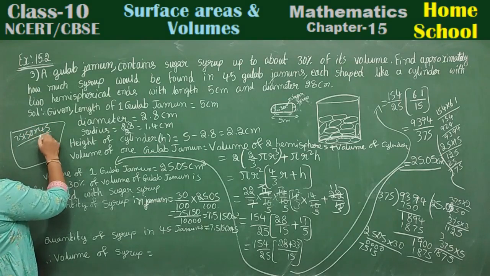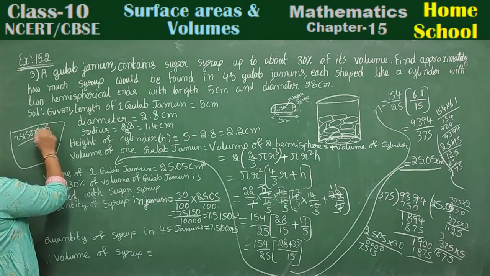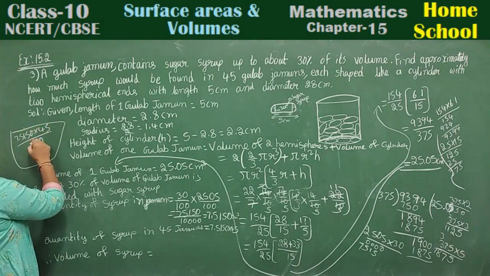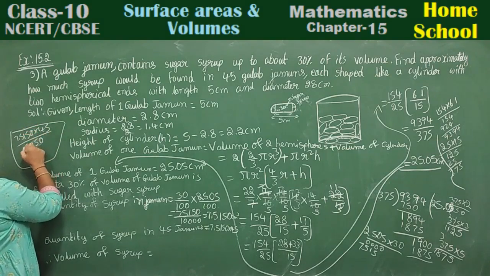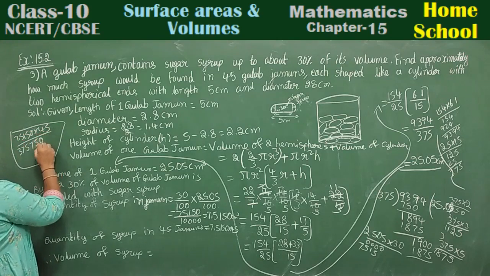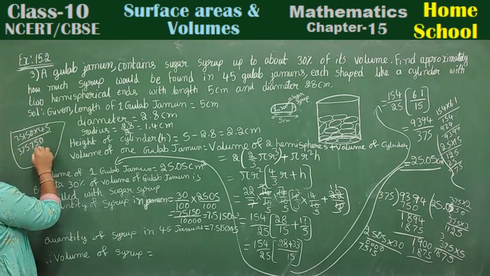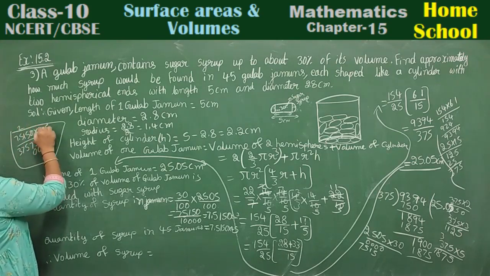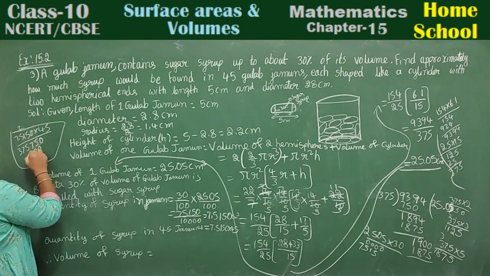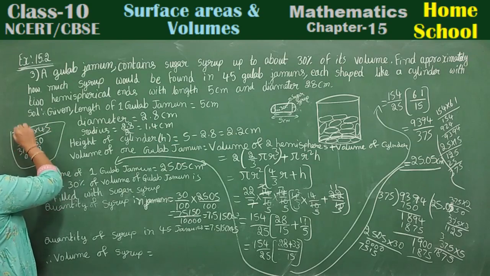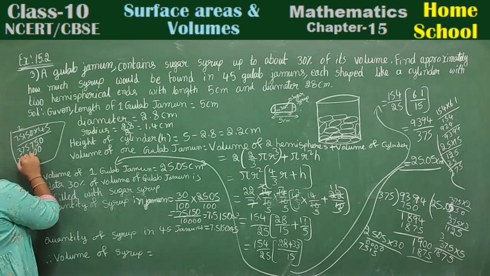Let's multiply. 5 zeros are 0, 5 5s are 25, 5 1s are 5 plus 2, 7. 5 5s are 25, 5 7s are 35, 37. With 4 you start, 4 0 0, 4 5s are 20, 4 1s are 4 plus 2, 6, 4 5s are 20, 4 7s are 28 plus 2, 30.